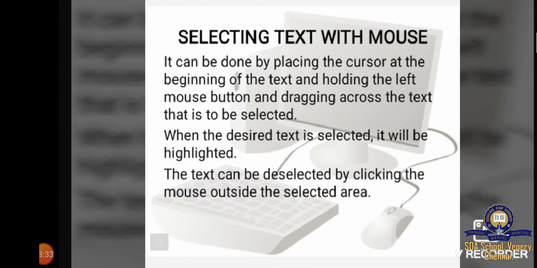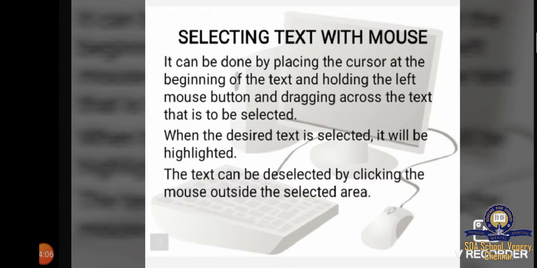The mouse selection can be done by placing the cursor at the beginning of the text. In your folder, right on top of the first letter of your data, you click on that, and holding the left mouse button, slowly you drag across the text. How much you want to select, you select till that part, and that whole part will get selected.